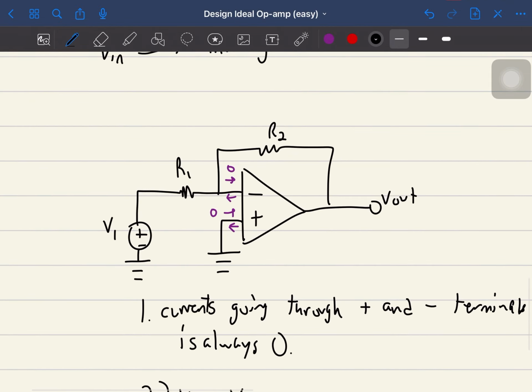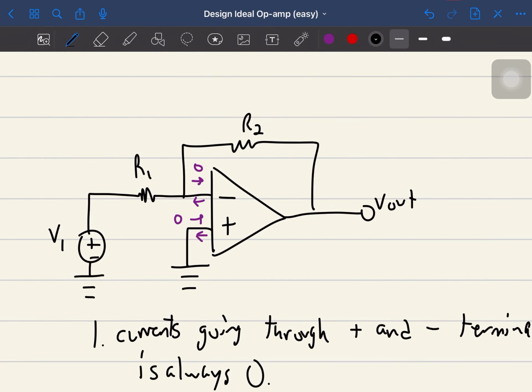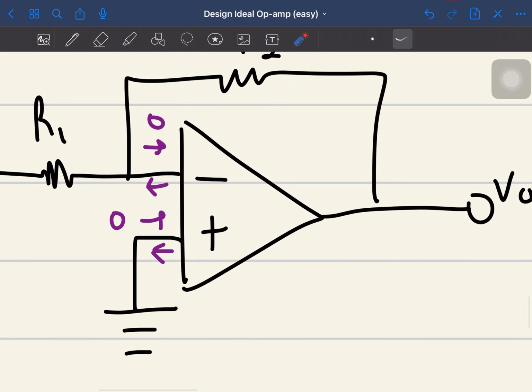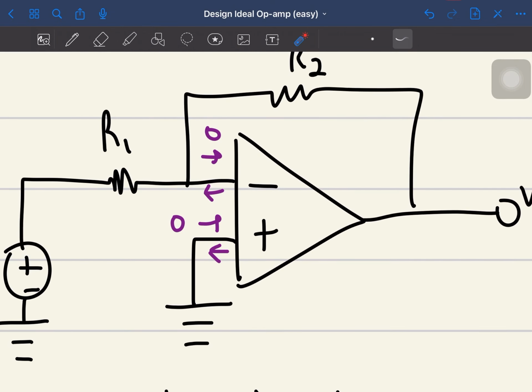And by voltage divider laws, voltage in parallel sections is always the same. So this voltage will be zero. This node voltage will be 0 volts.